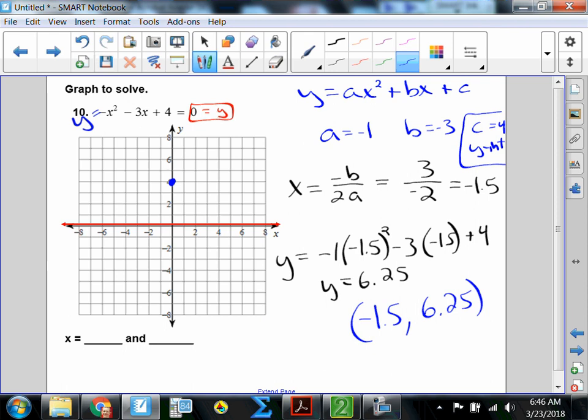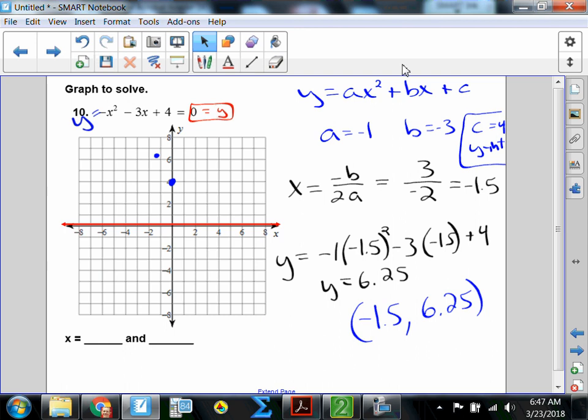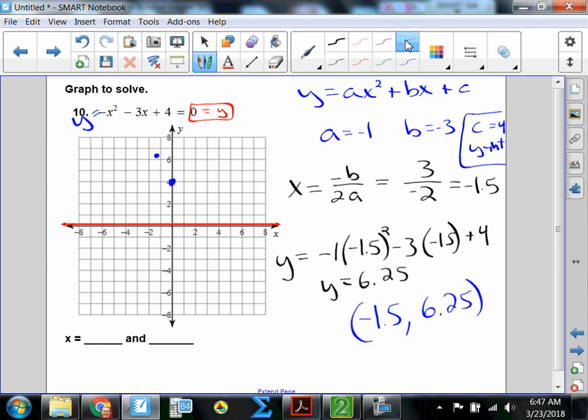-1.5, 6.25, 1, 2, 3, 4, 5, 6, and a little bit. The touch on my smartboard is not precise, so that's a little bit off. But -1.5, comma 6.25. I do have a -1 in front, so I'm going to go down 1, then down 3, then down 5 from that point. And I'm going to have to estimate a little bit since I'm at 6.25. When I go over 1, I'm going to go down 1, I'll be at 5.25.